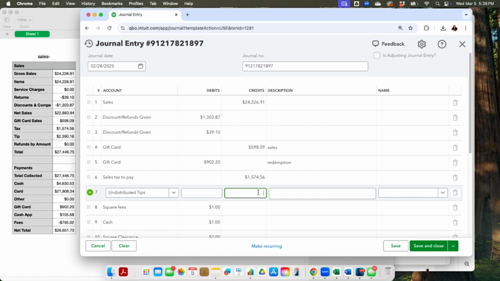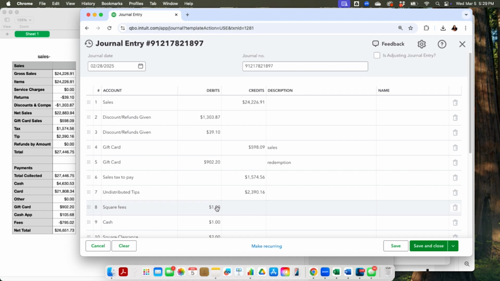But here we're just going to create the liability. And on the journal entry for the payroll, that's where we're going to record the opposite side, how we're going to record removing the liability from undistributed tips, right?